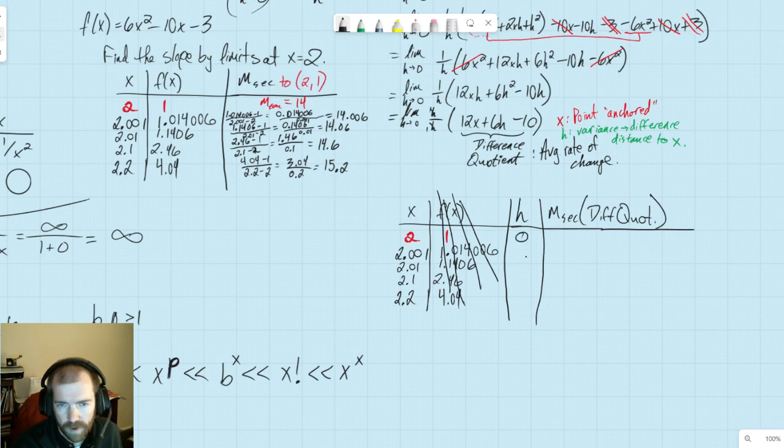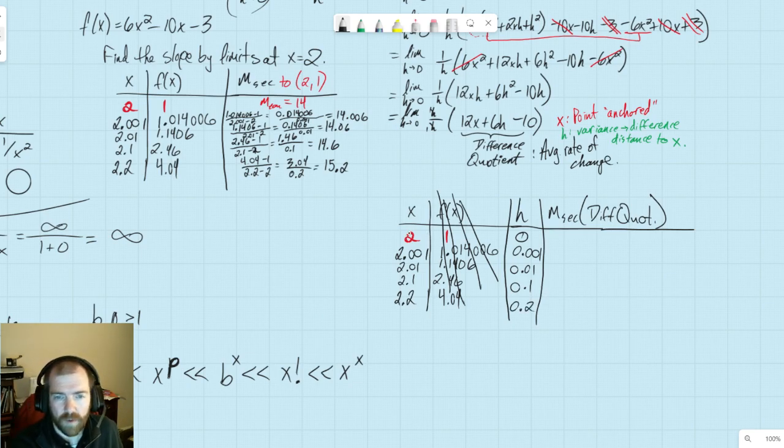Right, so this is 0, this is 0.001, this is going to be 0.01, this is going to be 0.1, and 0.2.